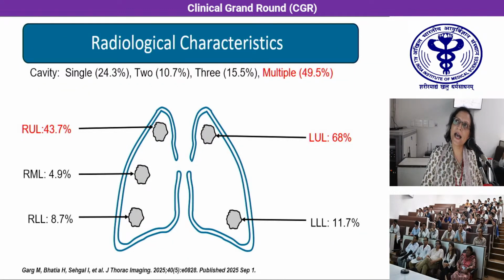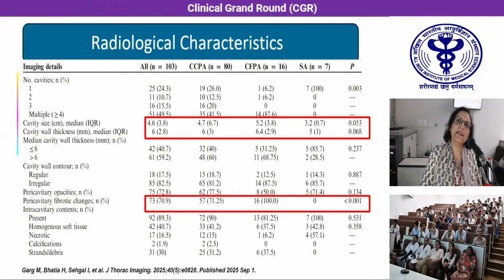Now, radiological characteristics to distinguish one from the other would also depend on the number of cavities. So, usually we find an increased number of cavities, multiple cavities more commonly situated in the upper lobes, as well as the cavity size, the cavity thickness, and the pericavitary fibrotic changes.